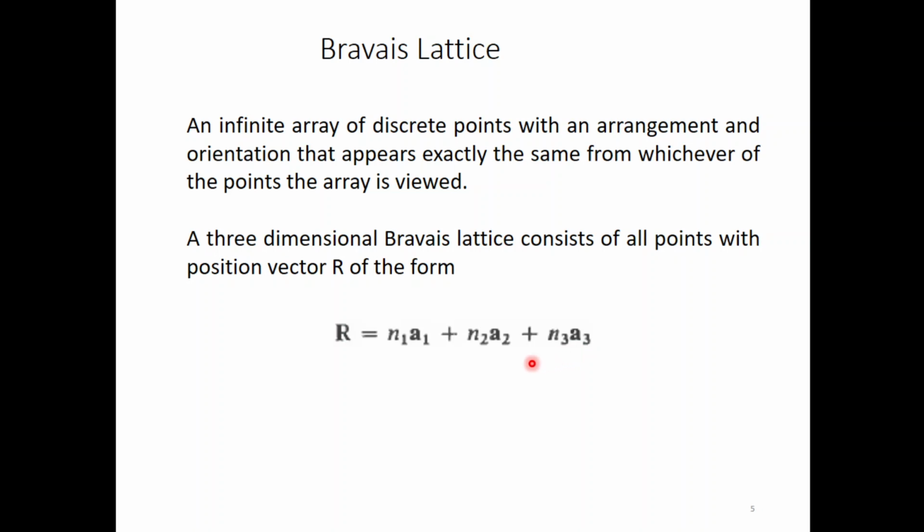So a three-dimensional lattice translational vector. This is N1, that is a number of jumps in simple words, and N2 number of jumps, right, in respect of A2, and N3 is again number of jumps in respect of A3.